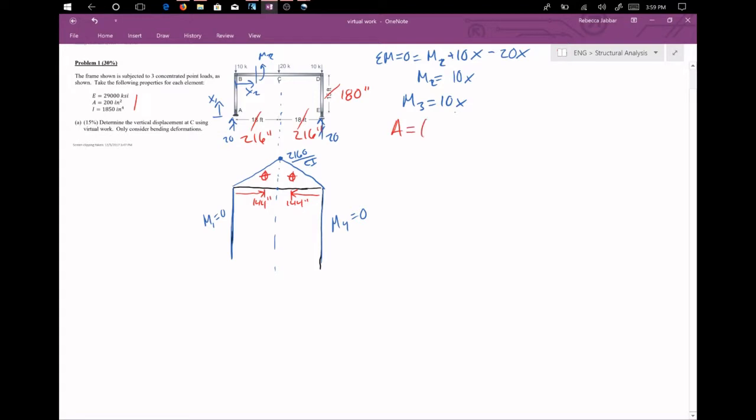So it's a triangle, so we have 1/2 times the base, which is 216, times our height, which is 2160 over EI, keeping EI just in the variable form. Compute that area: 1/2 times 216 times 2160.